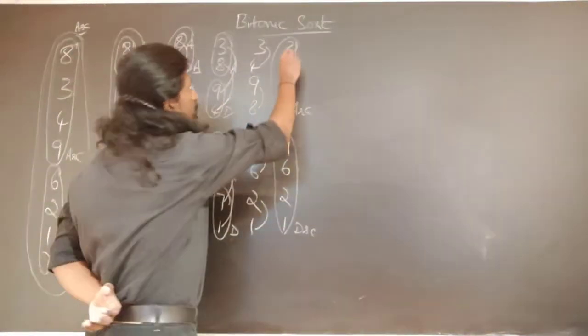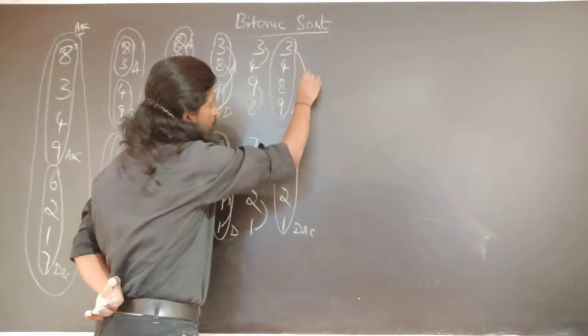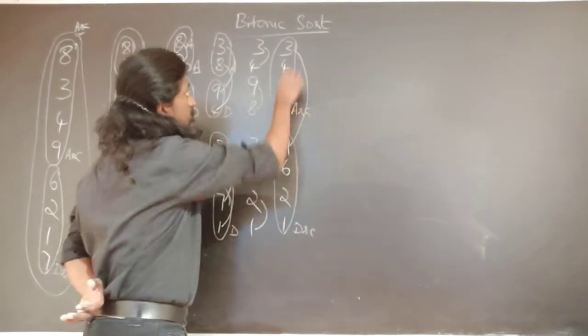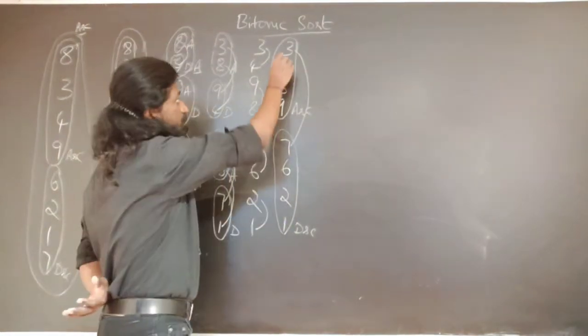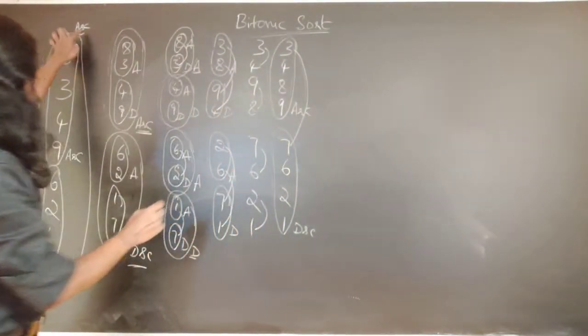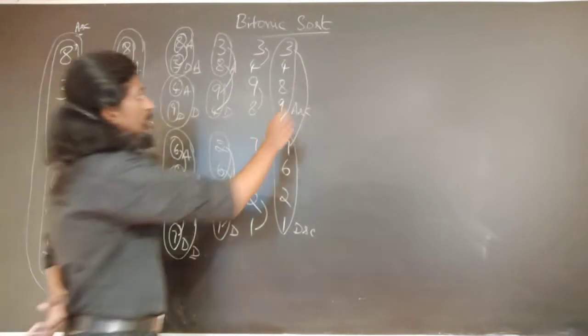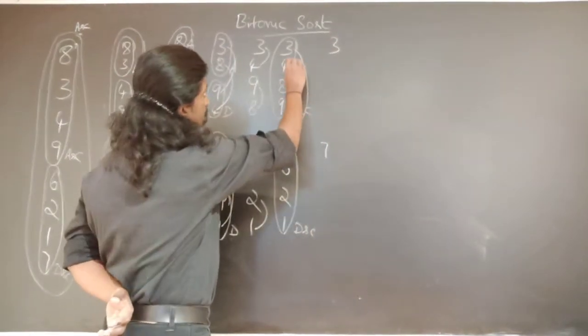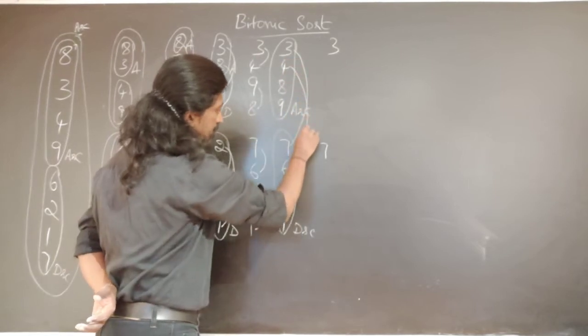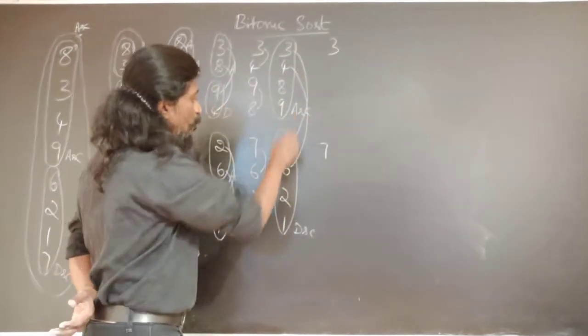Okay. So now the first element of the first subarray with the first element of the second subarray, that is the first element is compared with the fifth element in the list of n elements, and we see that they are in order because we want the final list to be in ascending order. So therefore we write it as it is 3, 7. The next second element of the first subarray with the second element of the second subarray 4 and 6.